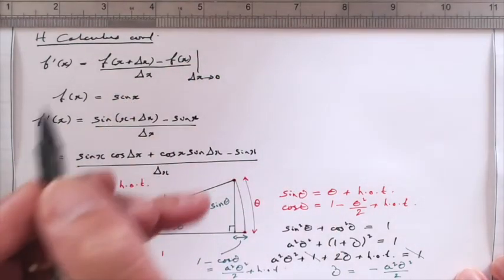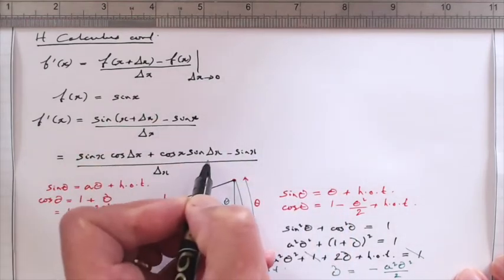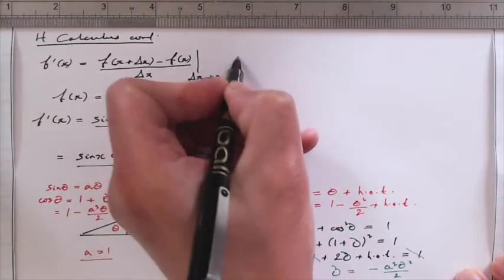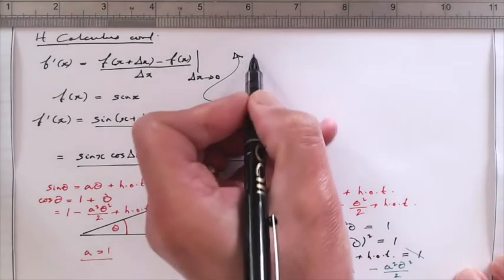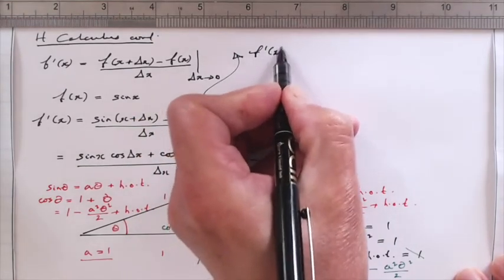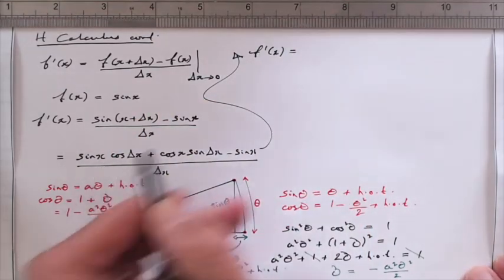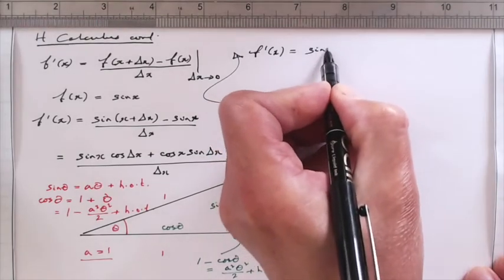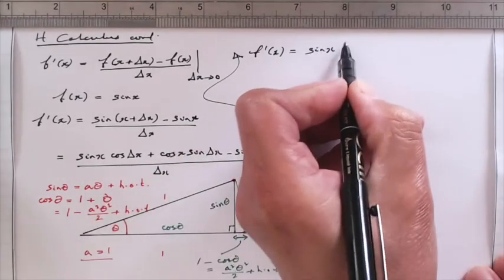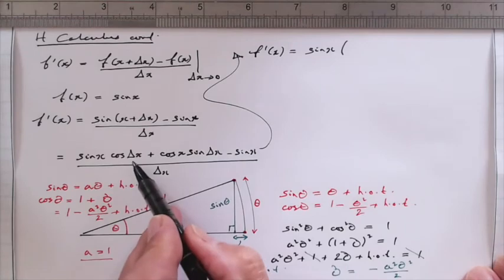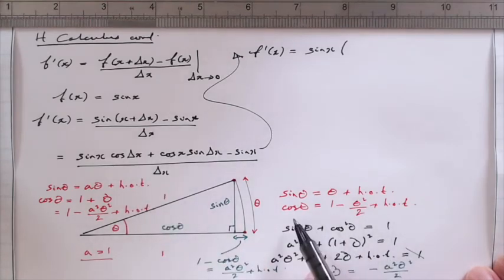So if we continue now with the derivation, so if I just go from here up to here and just carry on, so we have the f primed of x then is sine of x times cosine of delta x, where delta x is really small, so I can use this formula here.